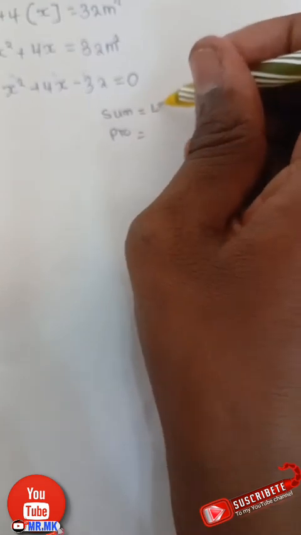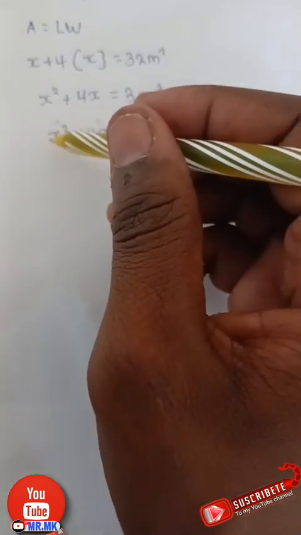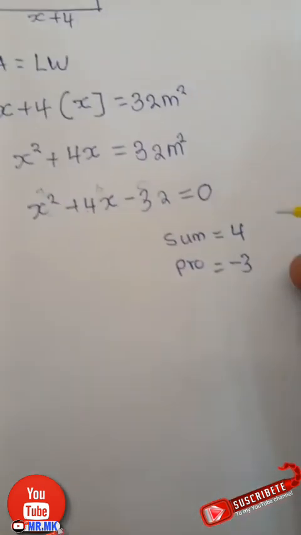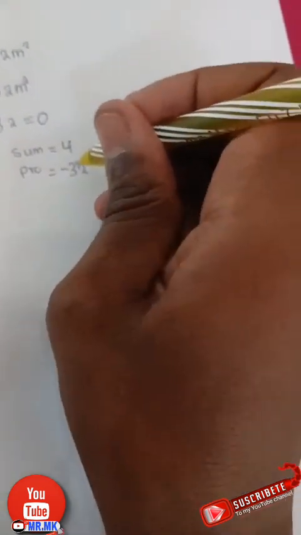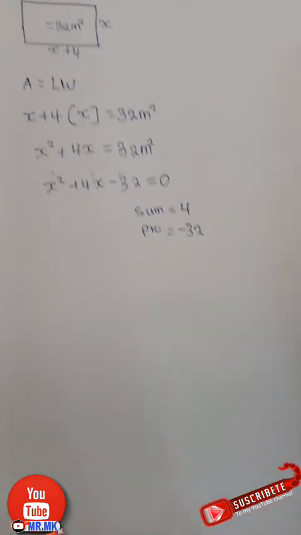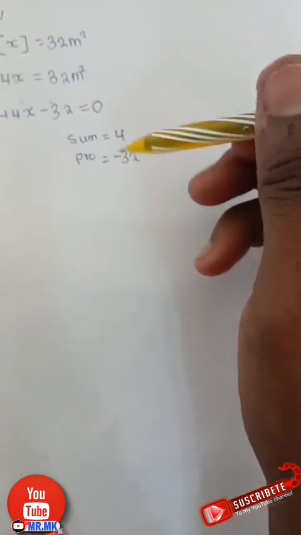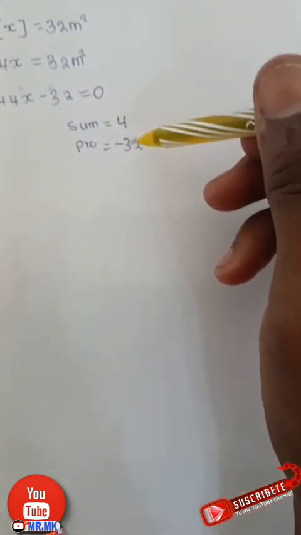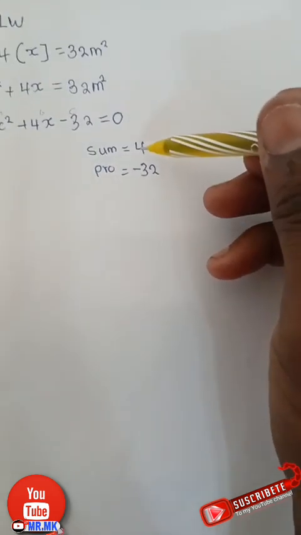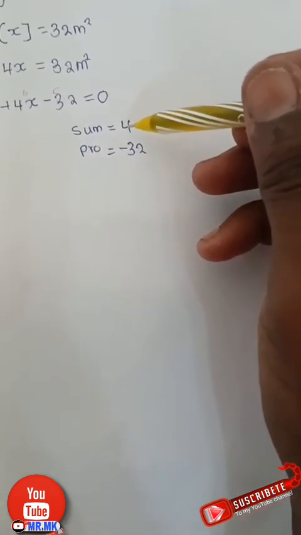The coefficient of x is the sum, which will be 4. The product will be a multiplied by c, that is 1 times negative 32, which will give you negative 32. Now let's look for two numbers that, when we multiply, give negative 32, and when we add, give positive 4.